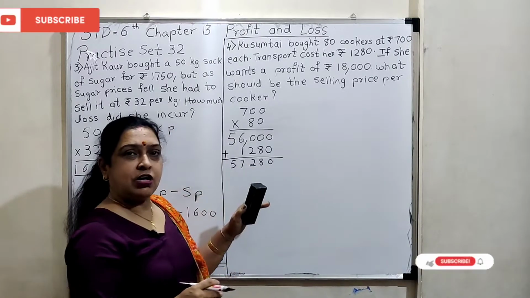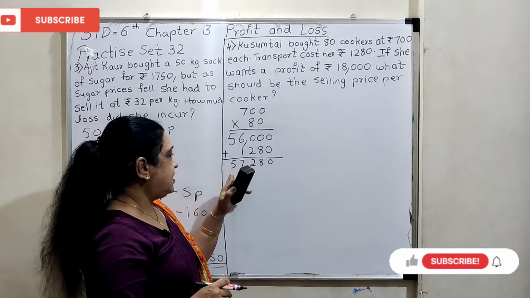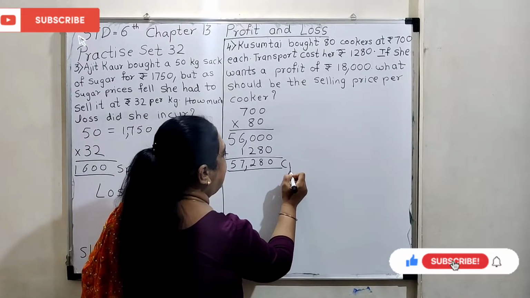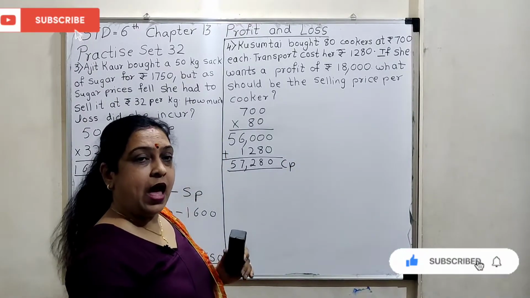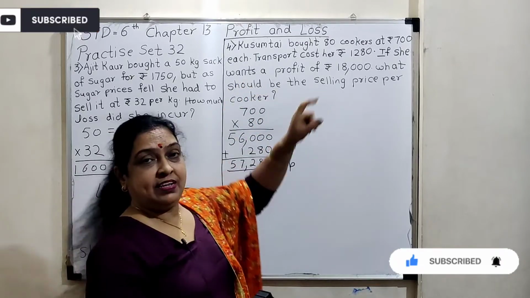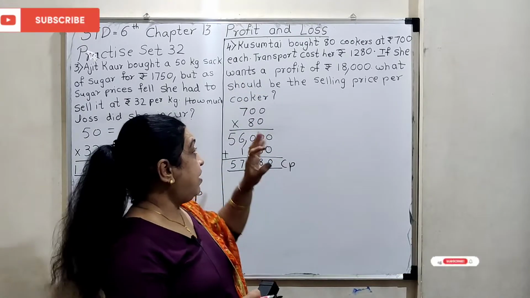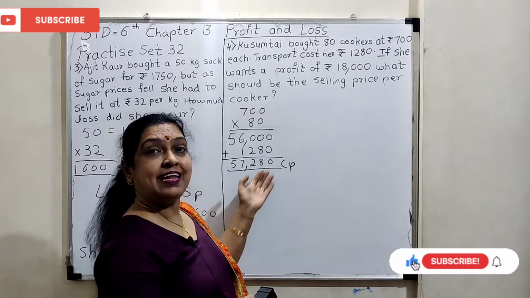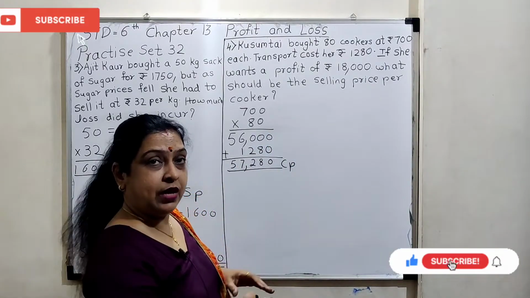So the actual cost price is 57,280. This is the cost price. Now, if she wants a profit of 18,000, we should add that 18,000 also.